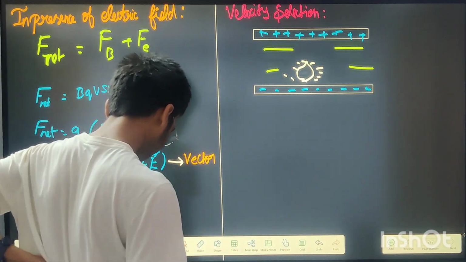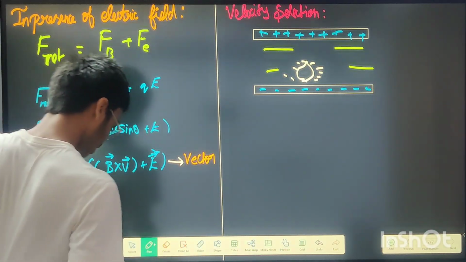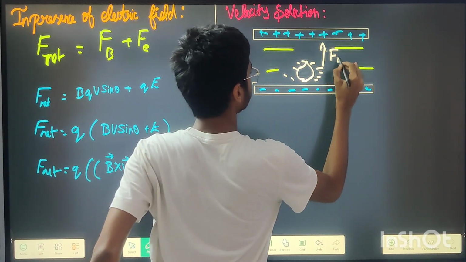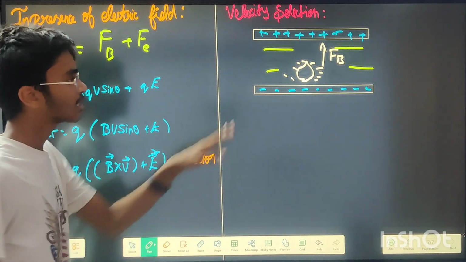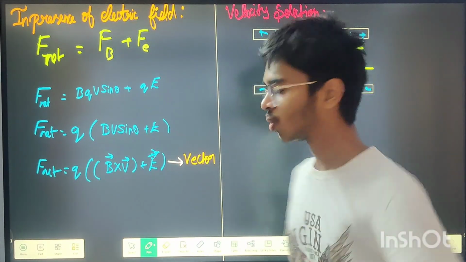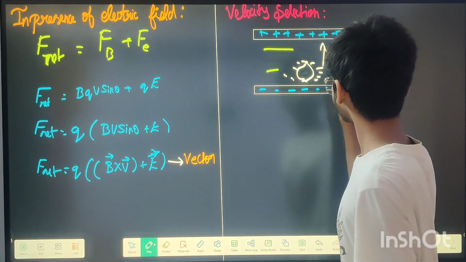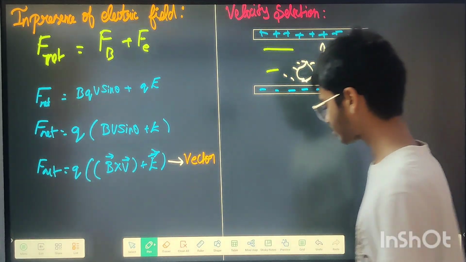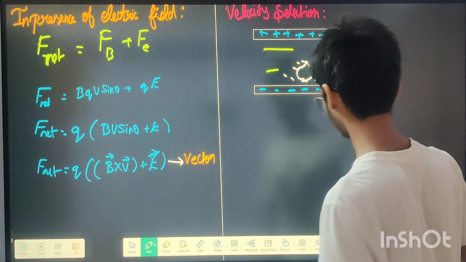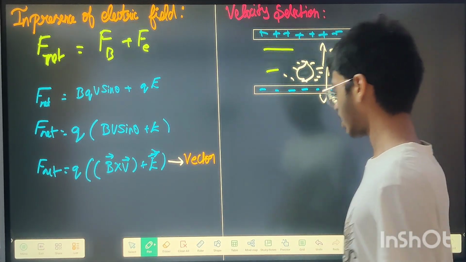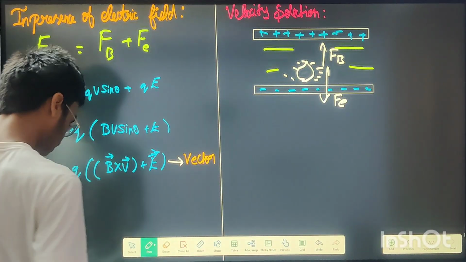Now this is what FB is, the force caused by the magnetic field. Then also there will be this one, caused by the electric field. Actually these two will be like this. These two will be completely opposite in nature.